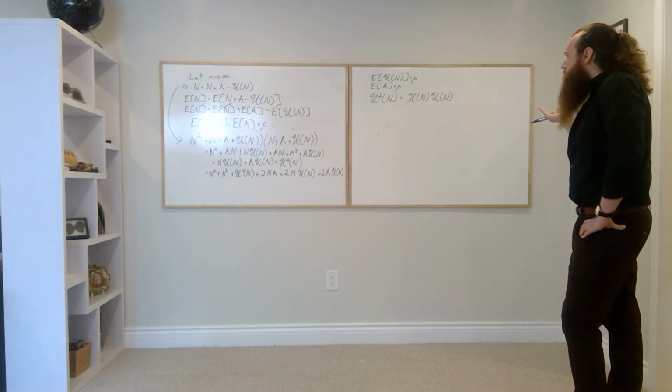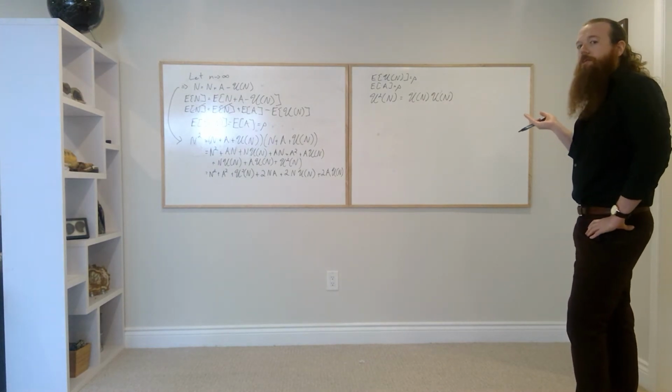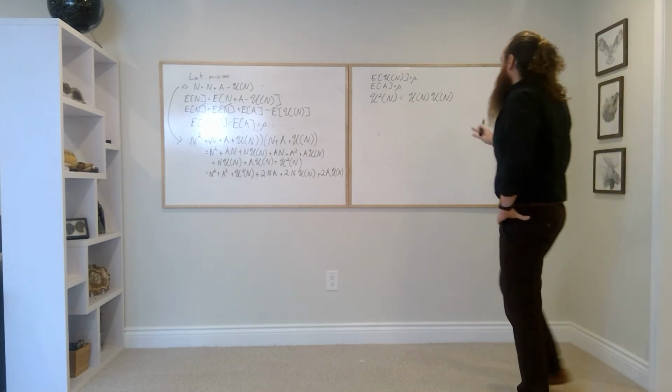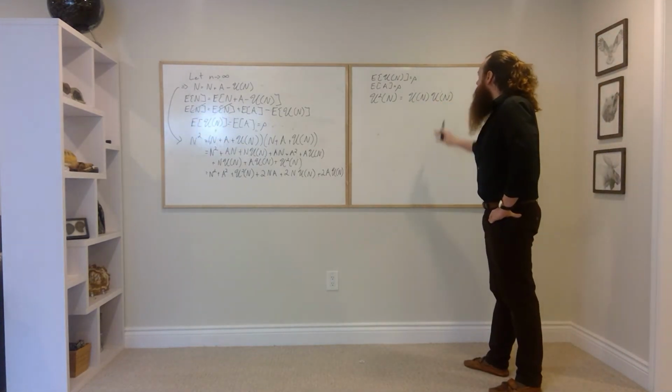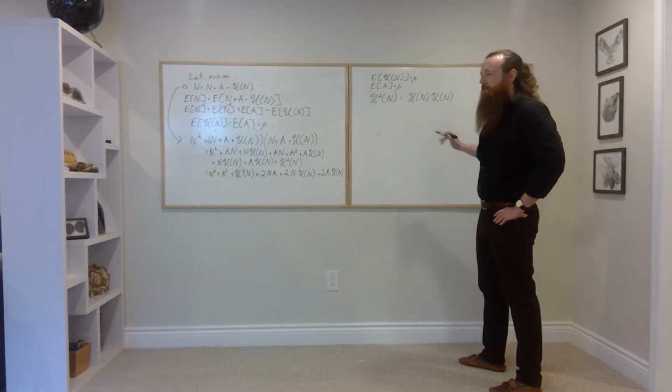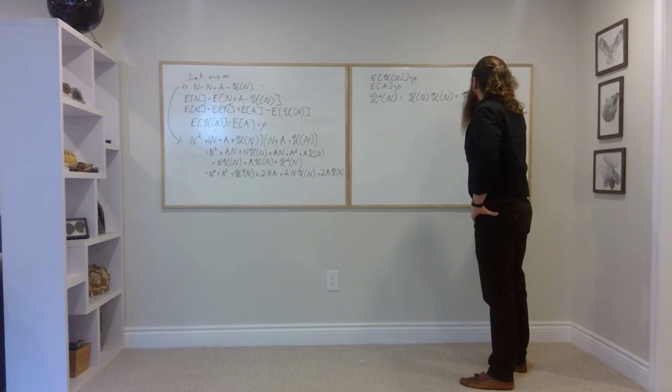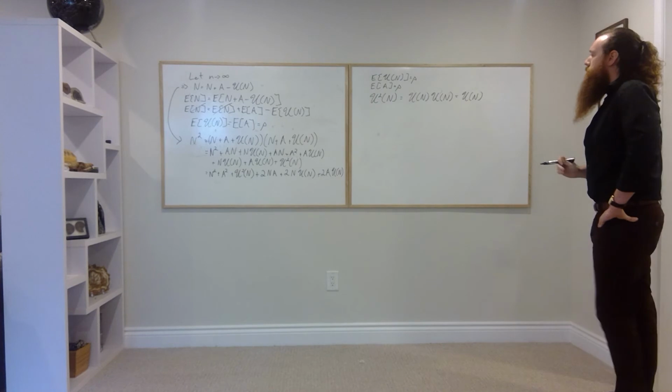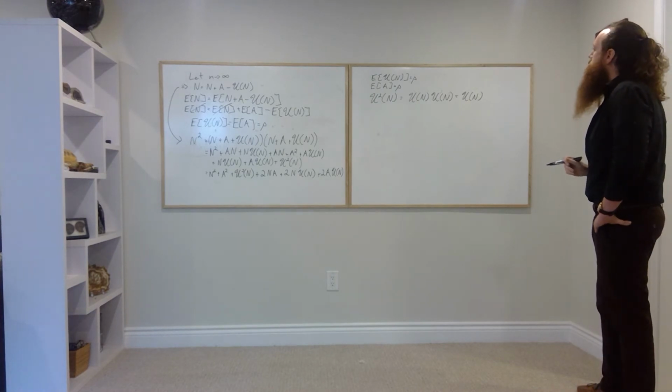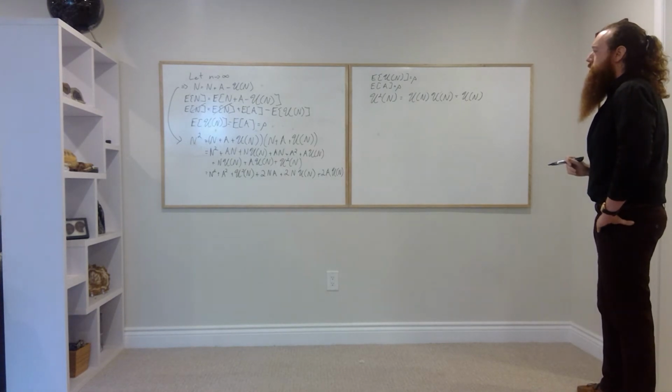Well, the Heaviside step function can equal one of two things, 0 or 1. If this equals 0, this entire thing equals 0. If it equals 1, the entire thing equals 1. Well, this equals this. Huh, okay. Interesting.